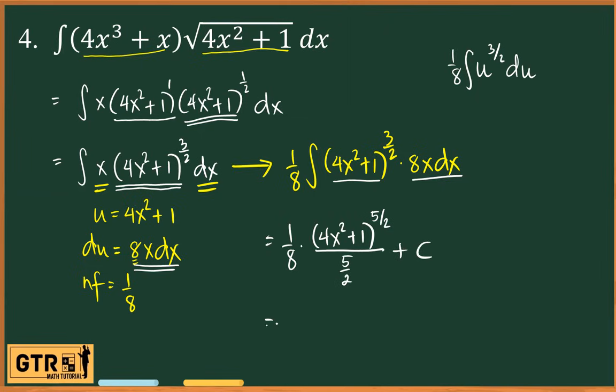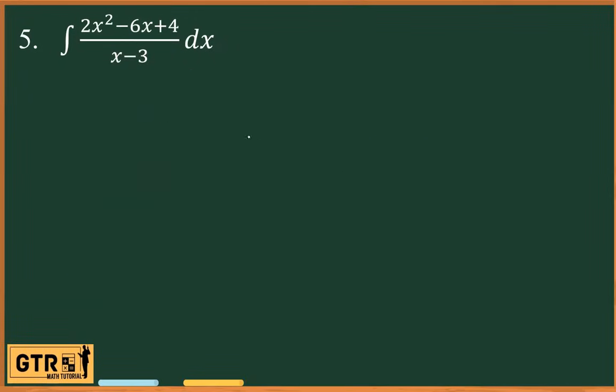Simplify this: 2 goes to the numerator, or we can simply divide 8 by 2, which is 4, and then multiply 4 times 5. So the final answer is 1 over 20 times 4x squared plus 1 raised to 5 over 2 plus c. Okay, final answer.